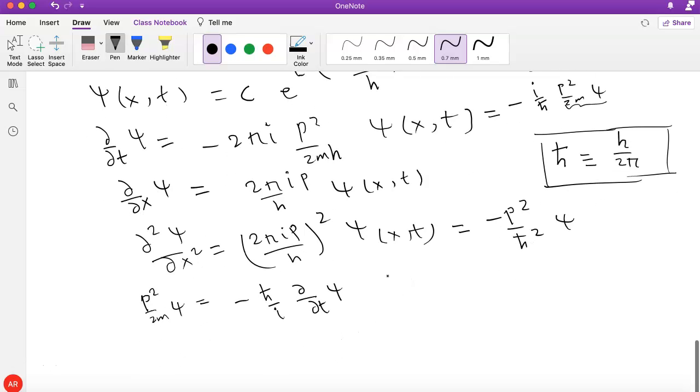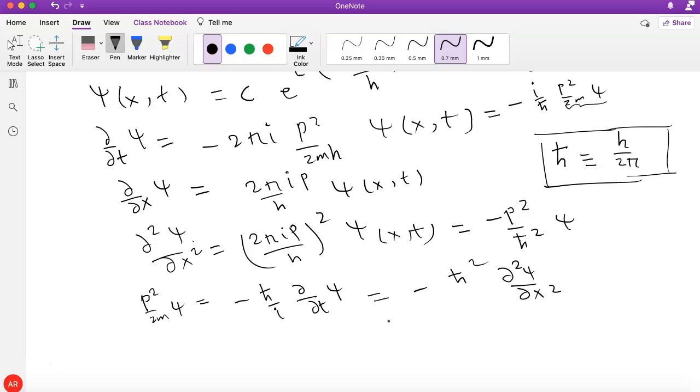But it can also be written as, from here, minus h bar squared, right? You multiply both sides of this equation by h bar squared and divide by 2m, second derivative of psi with respect to position.